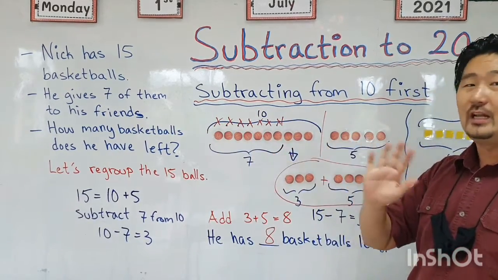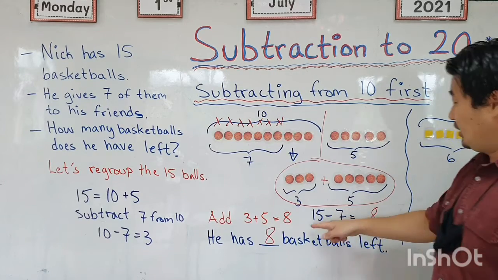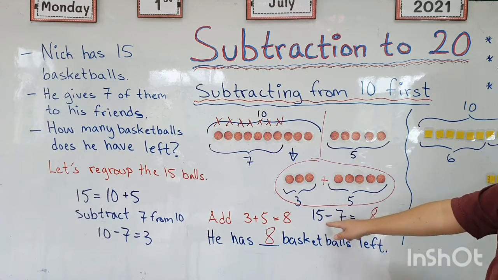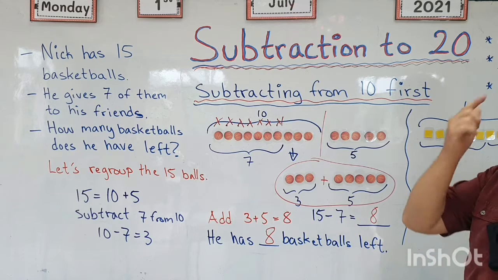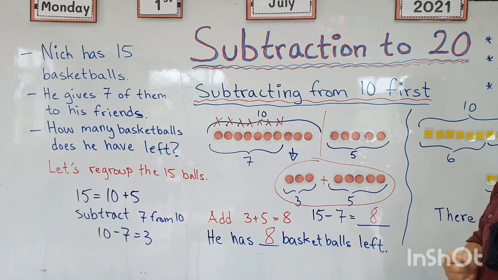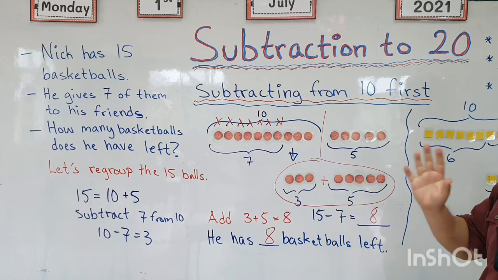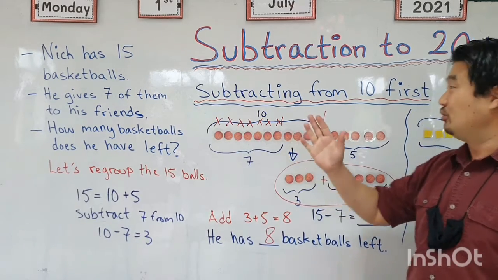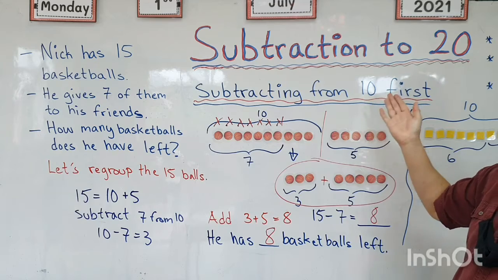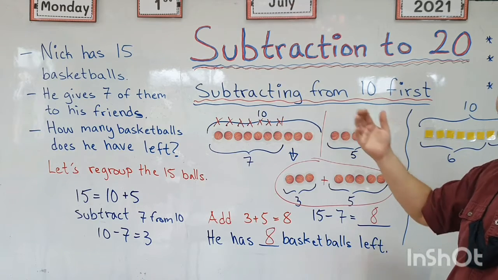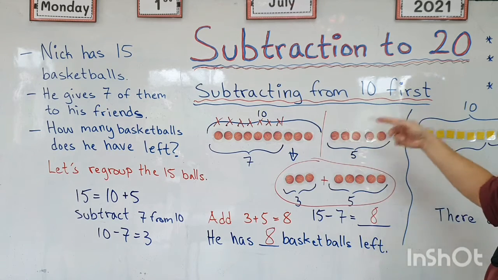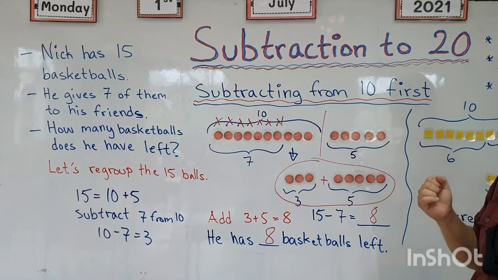If they do not tell you anything, if it's just an equation like this, 15 minus 7, then it is up to you how you want to think, how you want to solve the problem. Okay? But if they are telling you to subtract from 10 first, then you need to do that. If they're telling you to subtract from the ones first, then you need to do that.